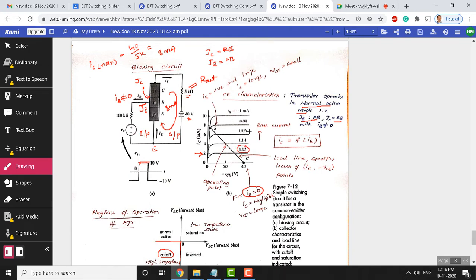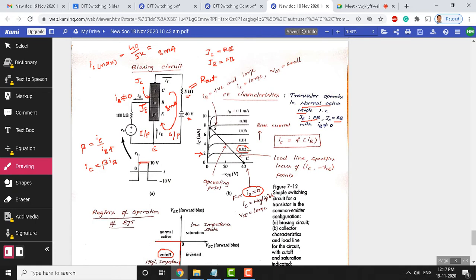Further, as the base current increases, according to the relation beta equals IC by IB, the collector current IC equals beta times IB. Beta is a constant for a given transistor.